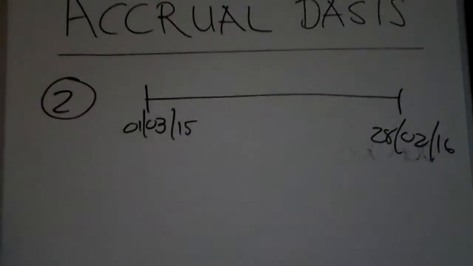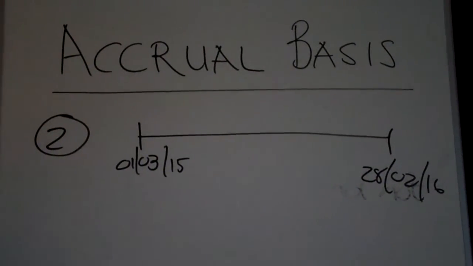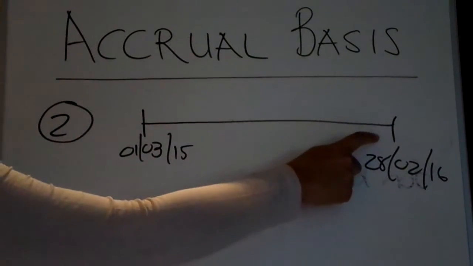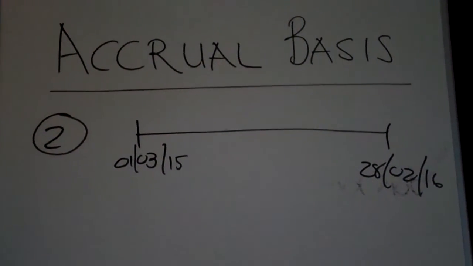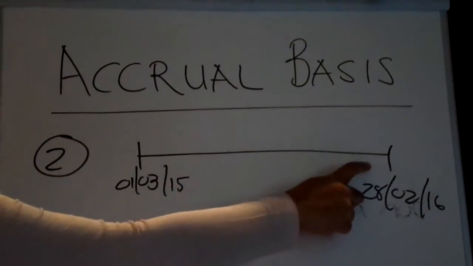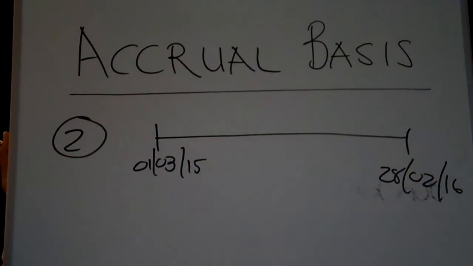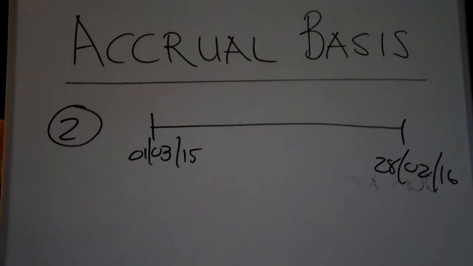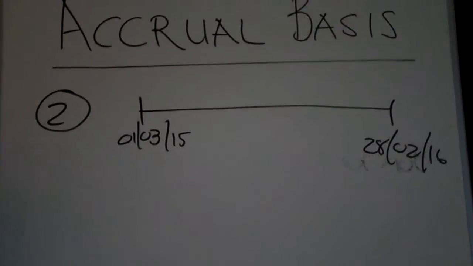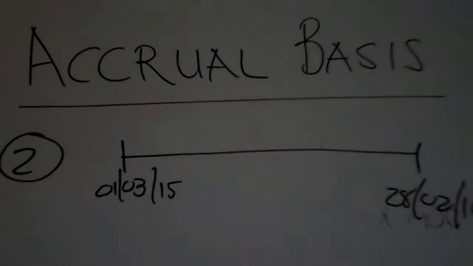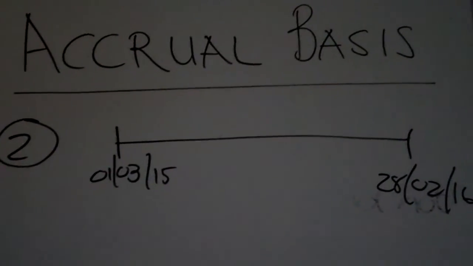Let's say for example, you receive your telephone account for the month of February, but you have not yet paid it. In the month of February, you incurred telephone expense of 500 Rand, but you're only going to be paying it in the following financial year, which will be in March. What that is called is a telephone liability or accrued expense.